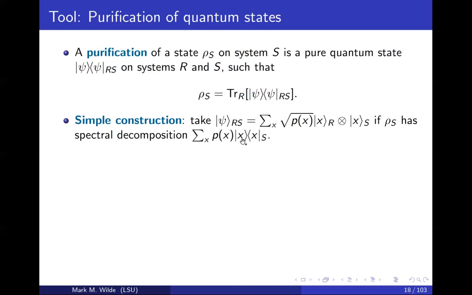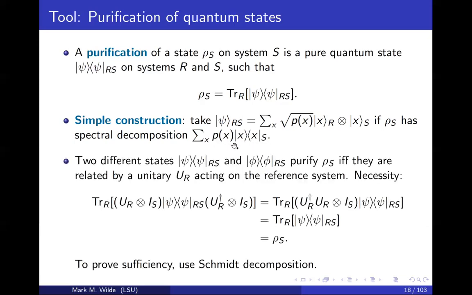What you do is, for every index x, you take the square root of the probability, and you flip this bra to a ket, and you give one to the reference and the other to the original system. Then if you take psi, the outer product with its dual vector, and then take the partial trace, you can check that after that calculation you'll get back this operator, this matrix. So that's a standard construction.